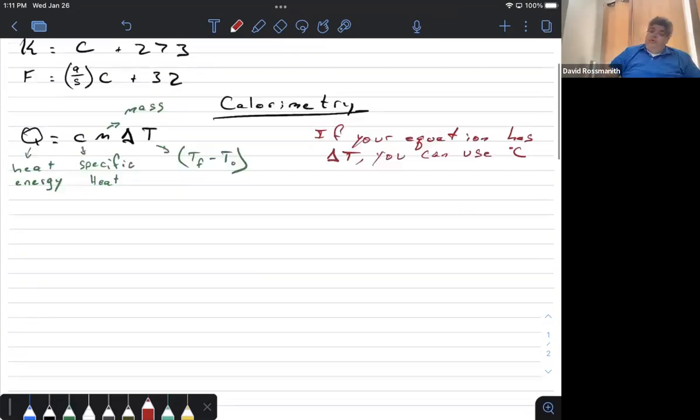All right, so let's do some example problems and see how this works. We'll do some very simplified versions first and then get into the more realistic types.